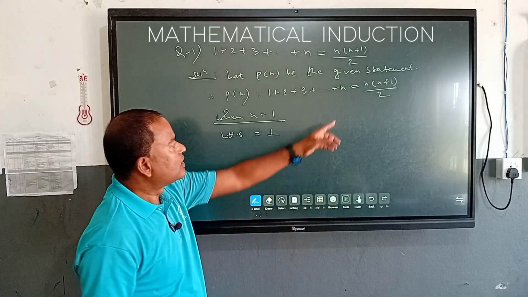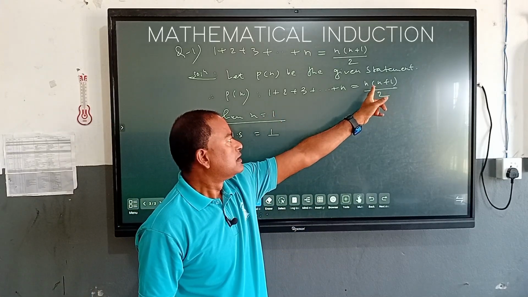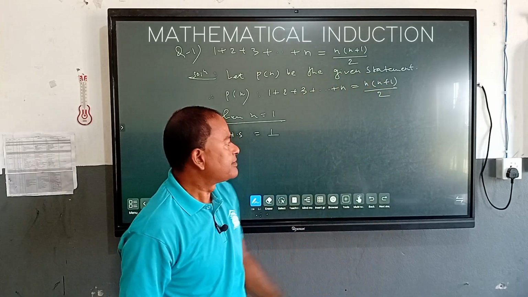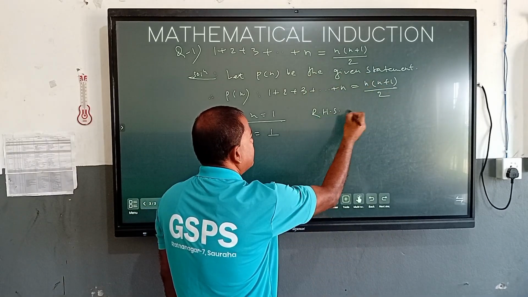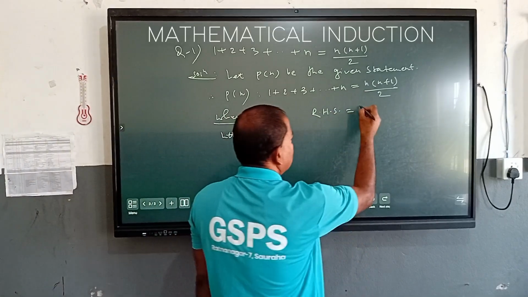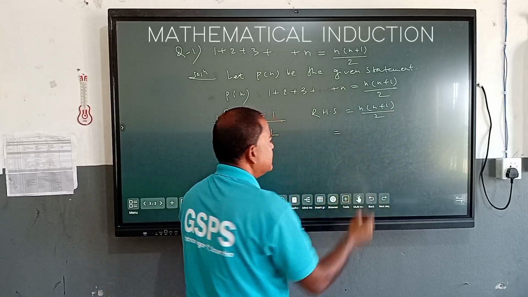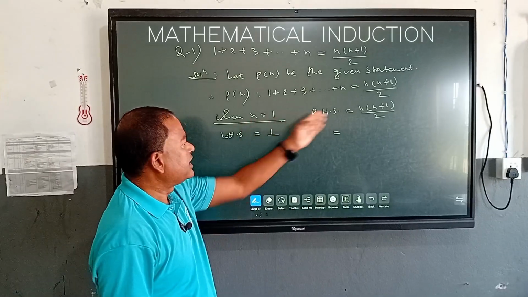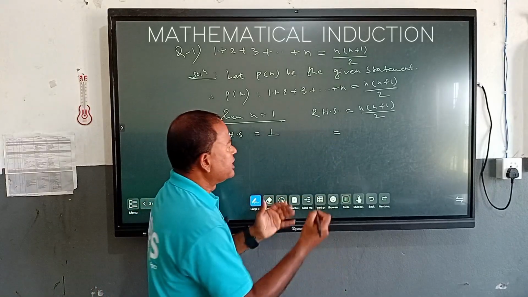Dear students, now we'll put the value of n equals 1 in the right hand side of this given statement. In RHS we have n times n plus 1 over 2. Now if we put the value of n equals 1, then we must get LHS and RHS both equal.